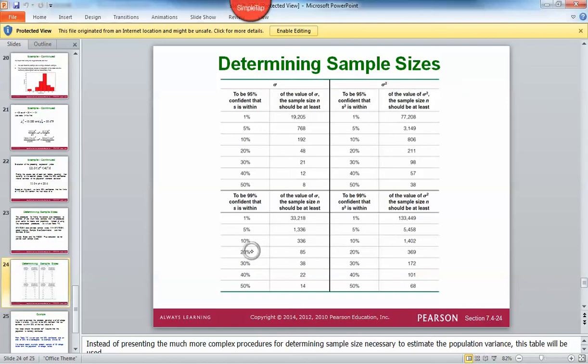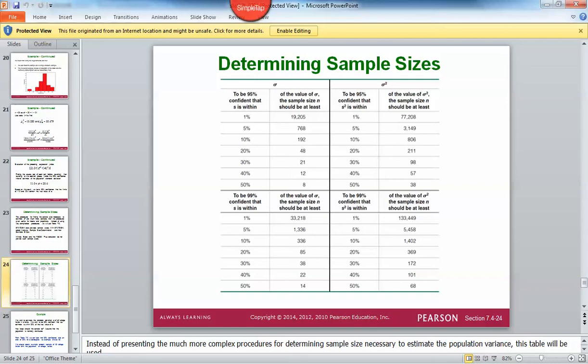The two below them are for a 99% confidence level. And again, the one on the left is for standard deviation, the one on the right is for variance. Now, like it said, the actual calculation is a lot harder than it was on the previous two sections.